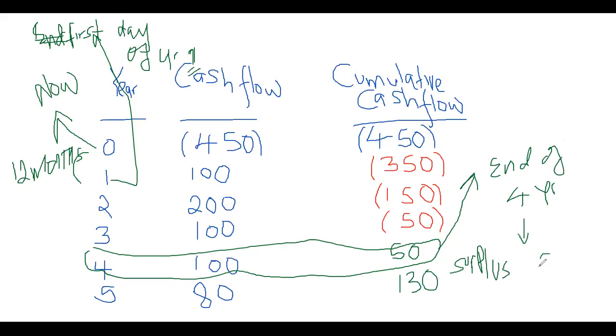Surplus of 50. So meaning that your payback period is on the first day of the fourth year, which is 3 years.